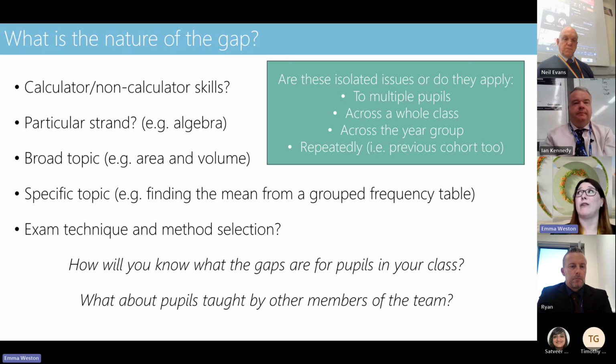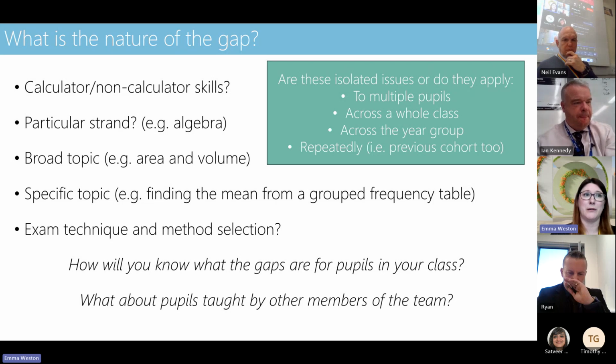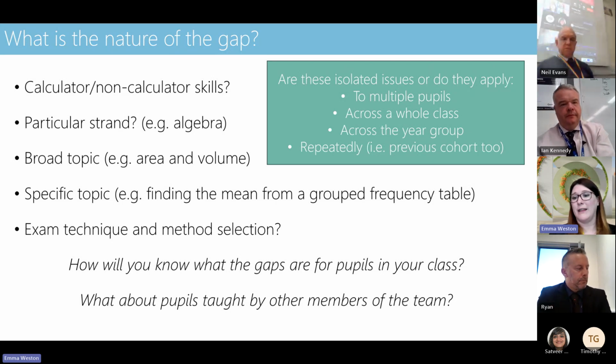They'd previously known that ratio was an issue because their pupils kept on performing poorly, and that was repeated across multiple year groups. So they needed to take a wider approach than if it just is something that is occurring in your current cohort.